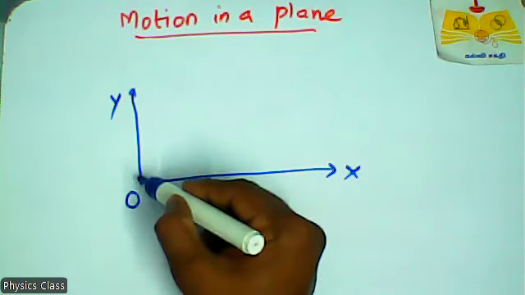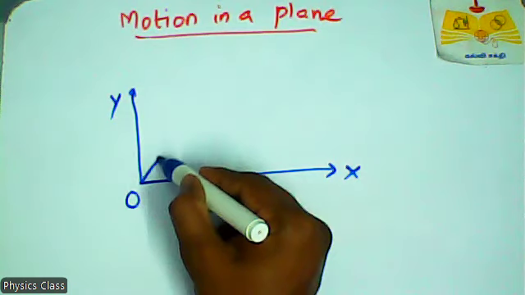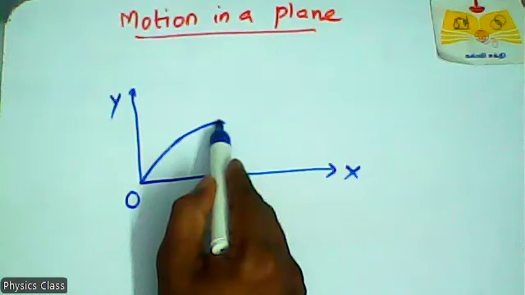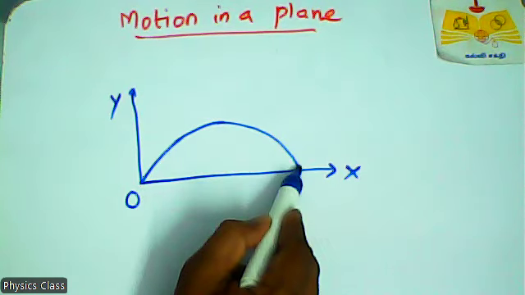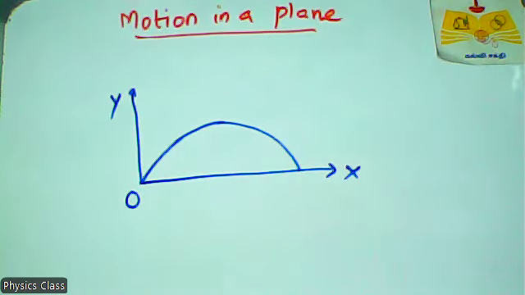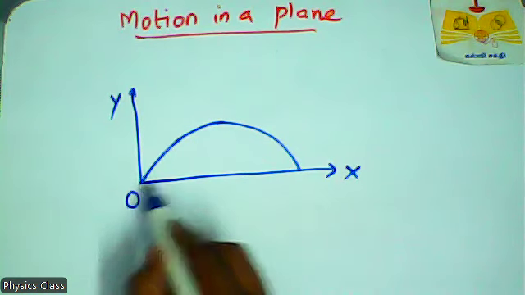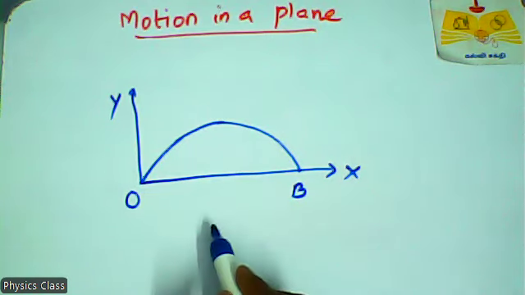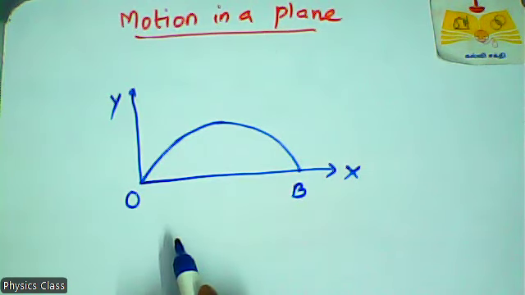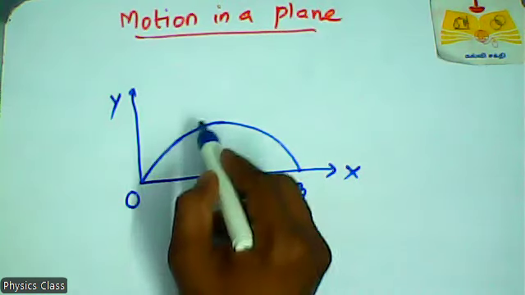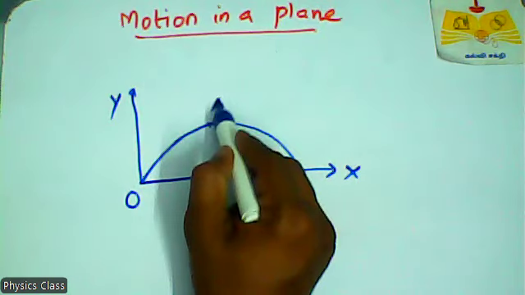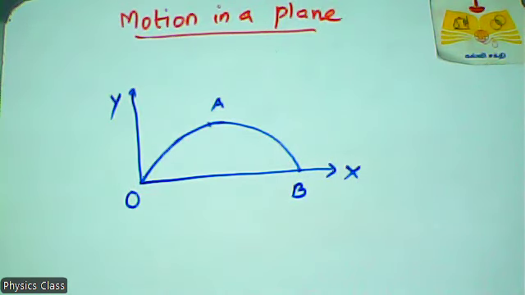Ball thrown from here, it goes here and comes to this place and hits here. So from origin to that hit position is called B. And in some other position, the object position is at A.